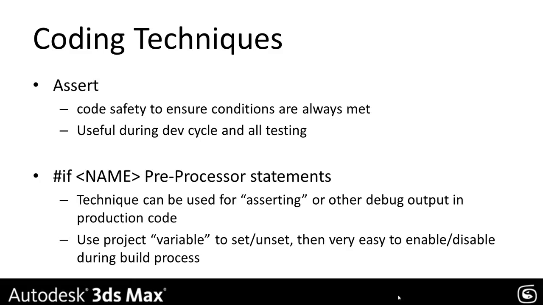So it's a very useful technique. Asserts by themselves are good, but I would encourage you to think about using preprocessor statements around your asserts so that you can turn them on and off and make them be on as much as possible except when you finally release.